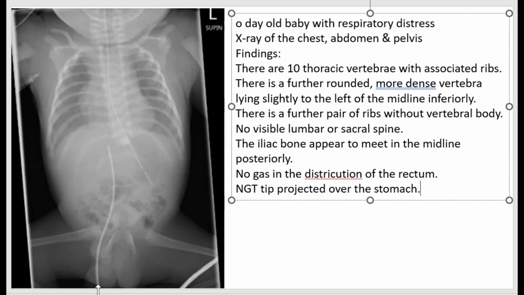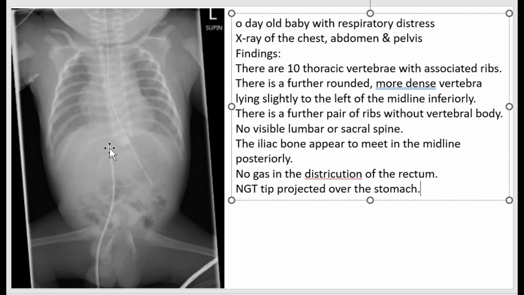Next finding, can you see this tube? This is the umbilical venous catheter. It's not the umbilical arterial catheter, okay? This is the umbilical venous catheter because it's slightly to the right. So the umbilical venous catheter tip is projected over the course of the falciform ligament.